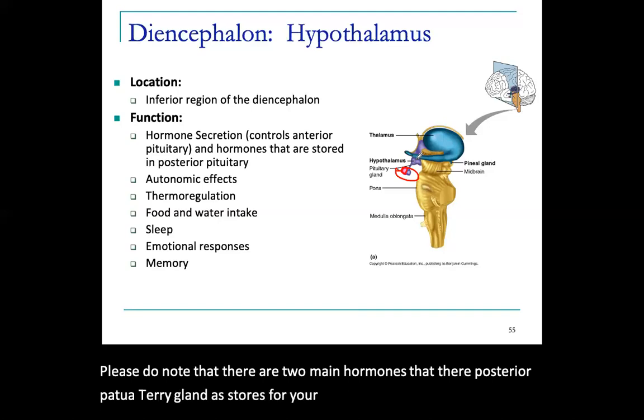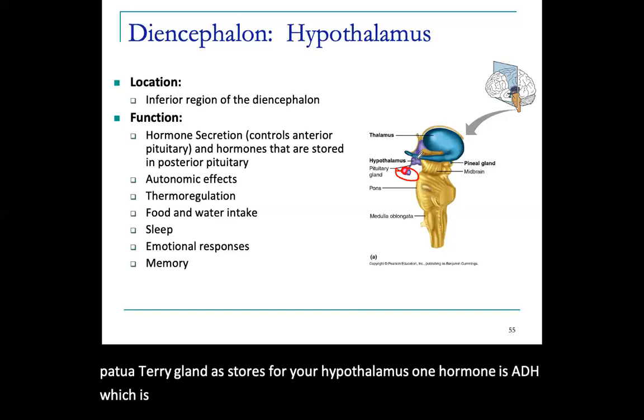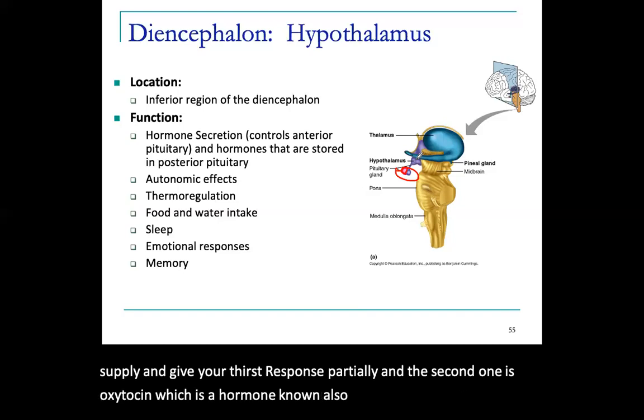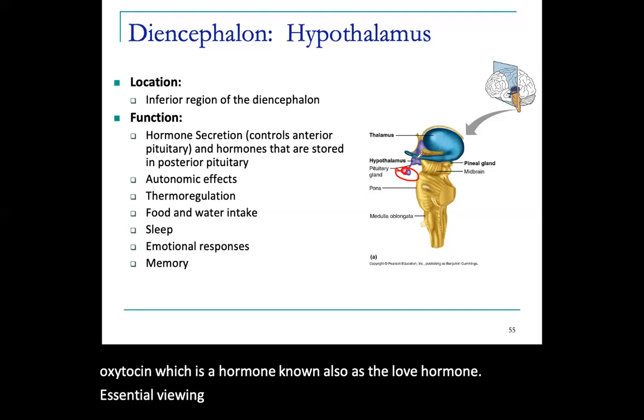One hormone is ADH, which is essential for the water supply in your body, controls your water supply and gives you your thirst response partially. And the second one is oxytocin, which is also known as the love hormone, essential during childbirth, during creation of the emotion of what we consider love between parents and child.